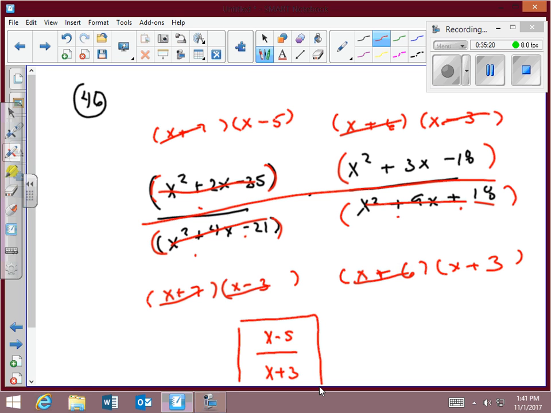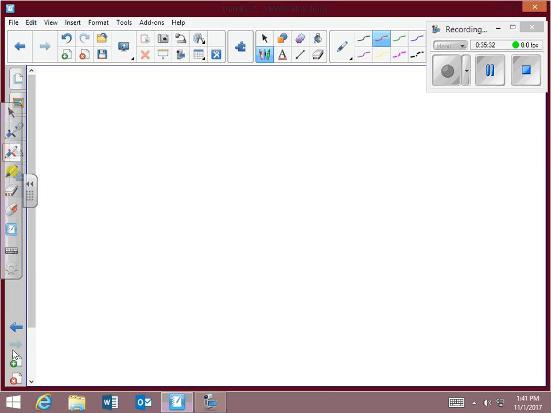I'll look at 56. Notice this is divide. What is the thing you have to do when you divide? You have a divisor, a dividend, and a quotient, right?